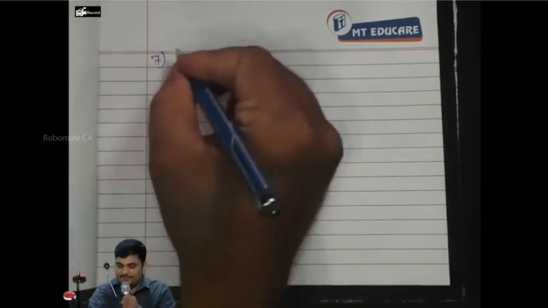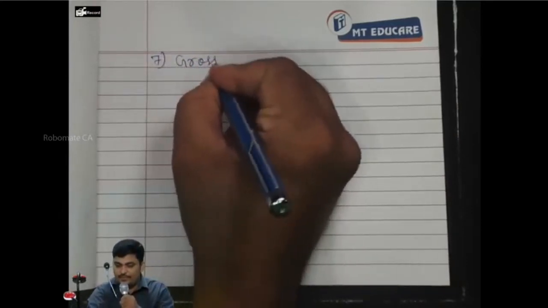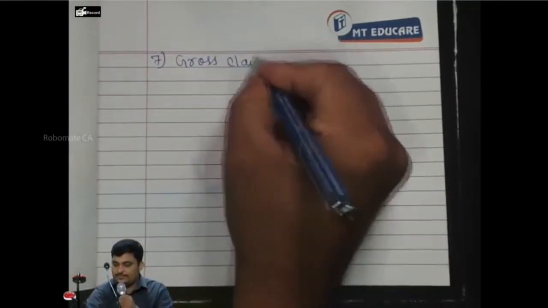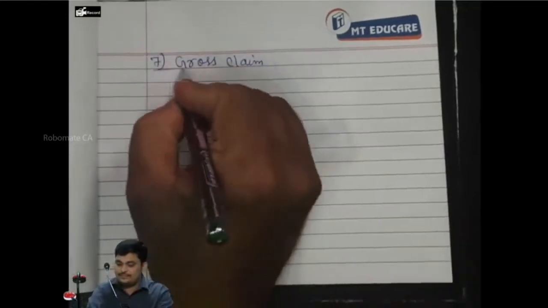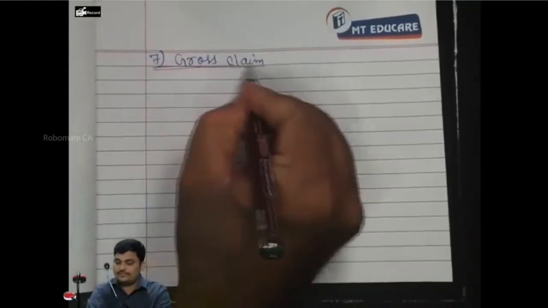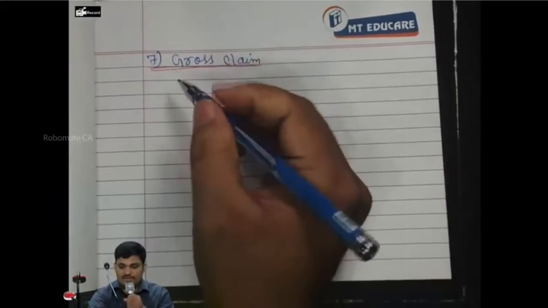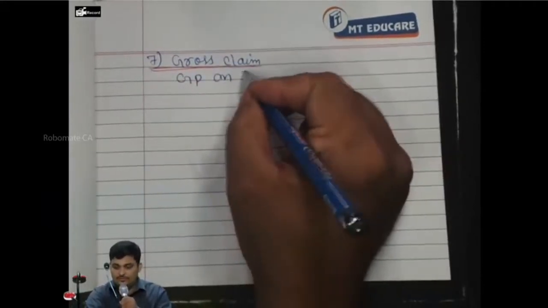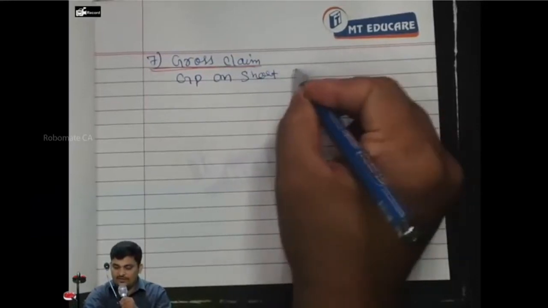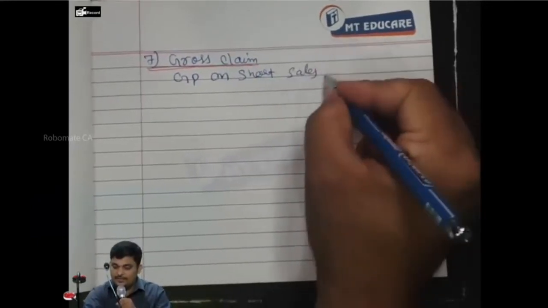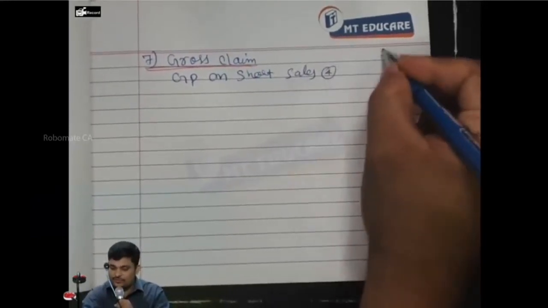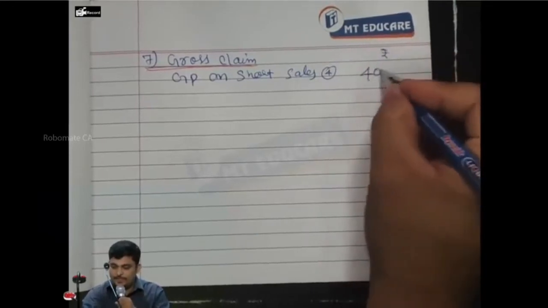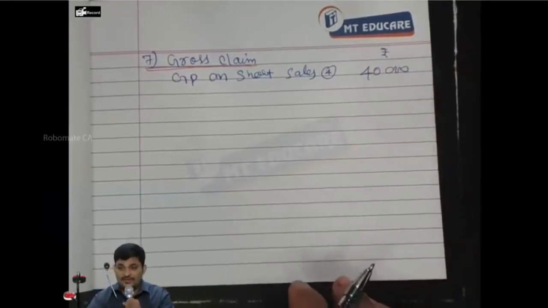Now next, gross claim. Step number 7. Gross claim: GP on short sales as computed in step number 4. How much? 40,000, not 1,60,000.